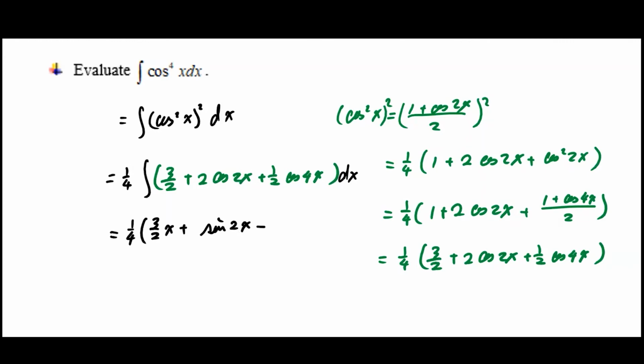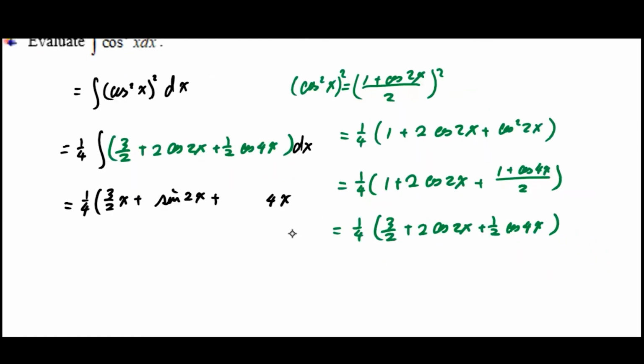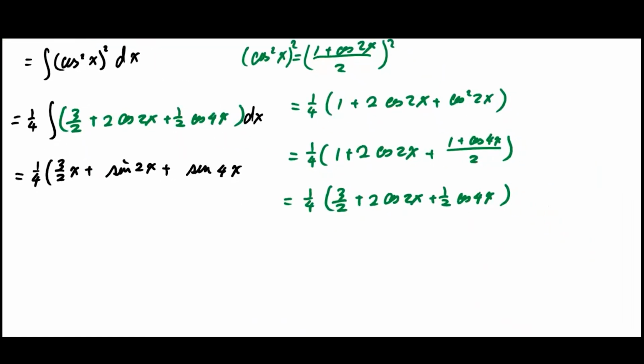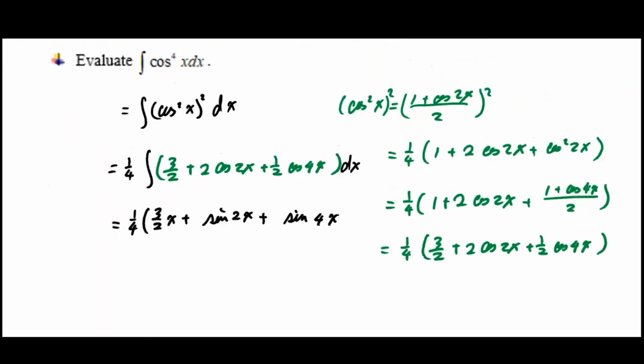Plus, and then sine 4x, chain rule, so it stays positive, 1/4, so we have 1/8 sine 4x, plus C. How about that?